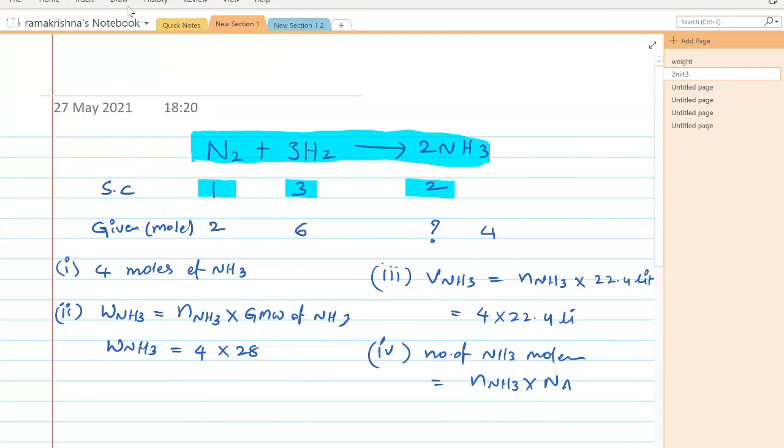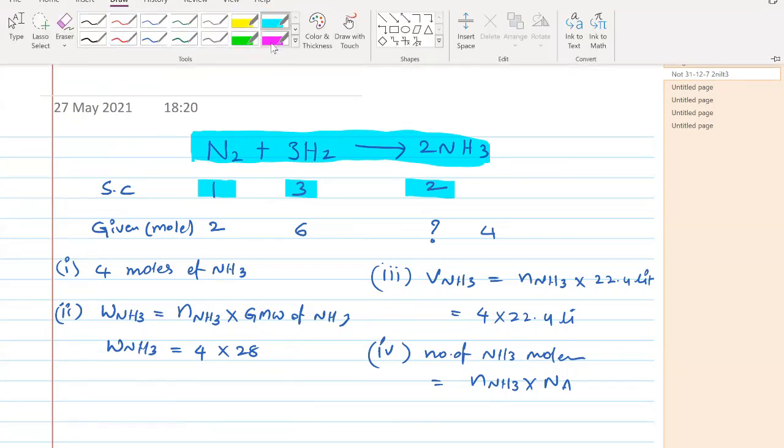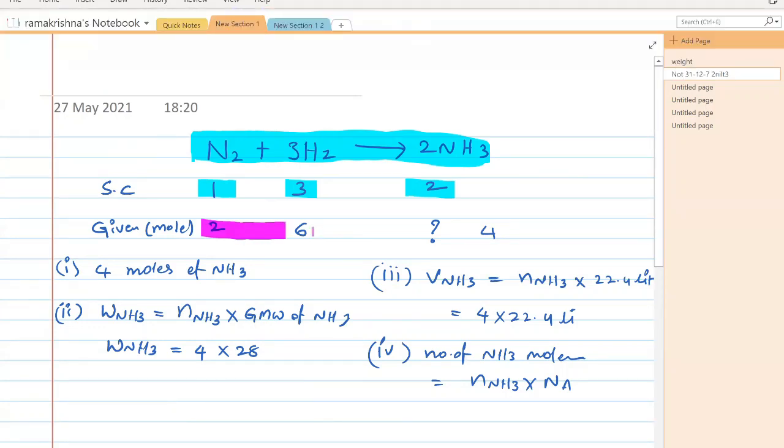And what about this 2, 6, that is given data? The 2, 6 is what? Given data. 2, 6 are given data, and this is we have to find out that we have got 4. Understood? So this is a case where we have the data in terms of moles.